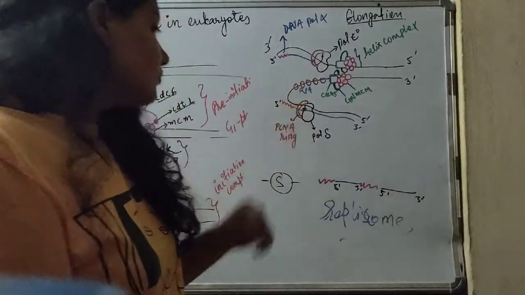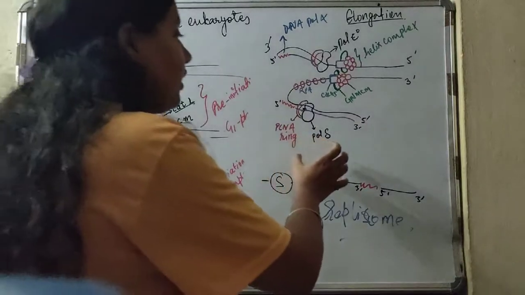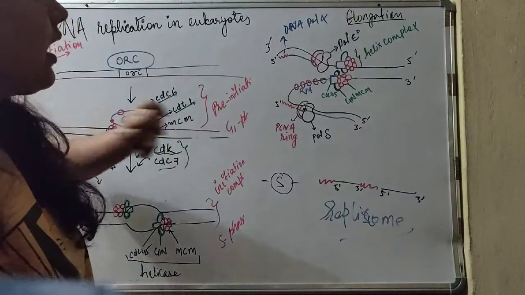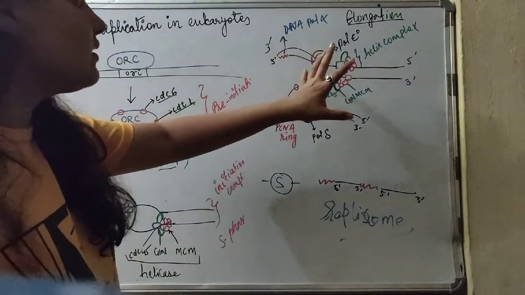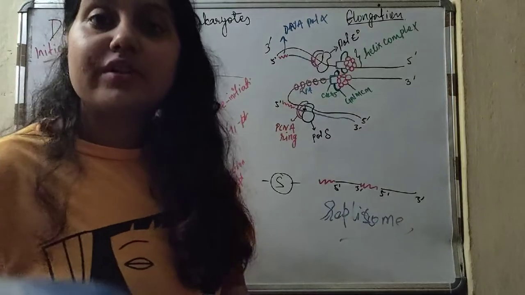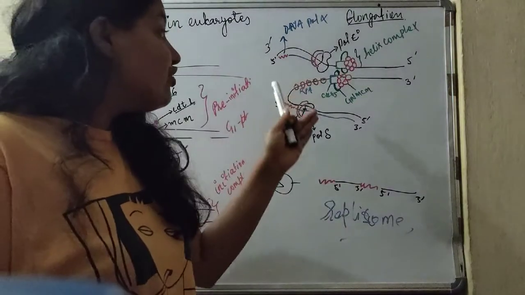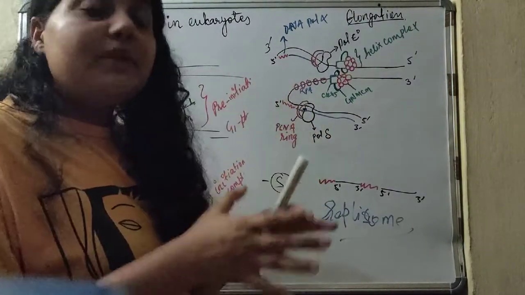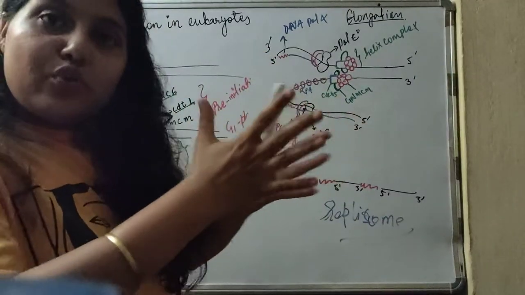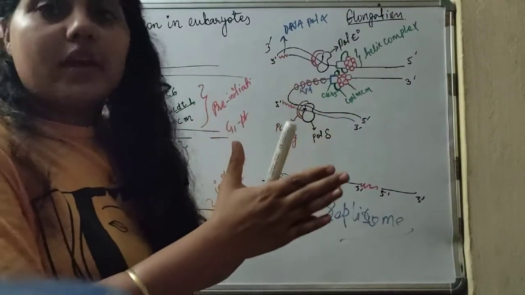Now, I was on the lagging strand, and another thing is there is an SSB protein. SSB protein means single stranded binding protein, which helps the unwound DNA to not unite or form a bond again.